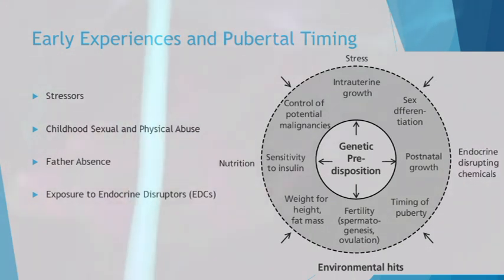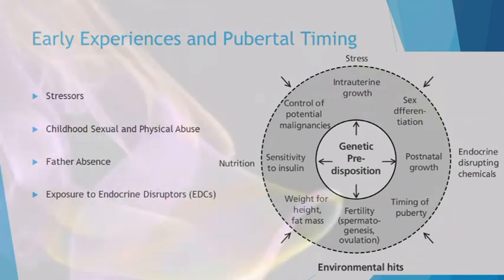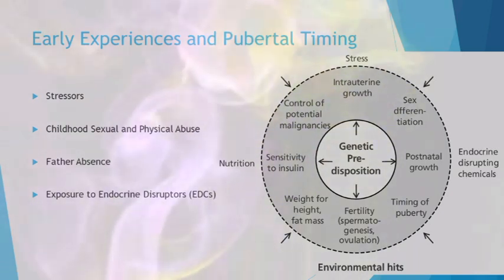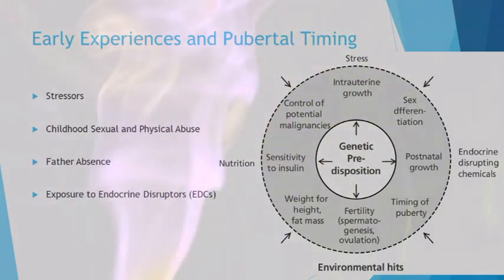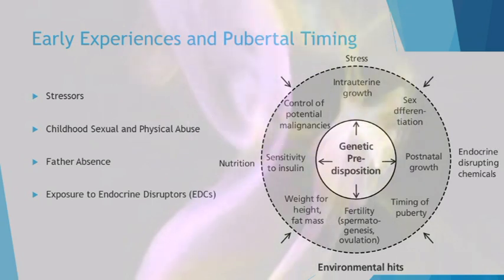If you may have taken another class with me, you may have heard me talk about the HPA axis, which is basically how our body responds to stress. That is your hypothalamic pituitary adrenal axis, which ties in very closely with the HPG axis, the hypothalamic pituitary gonadal axis.